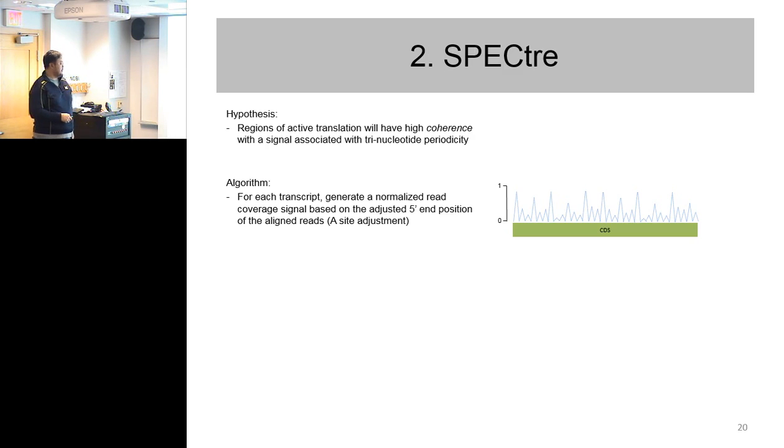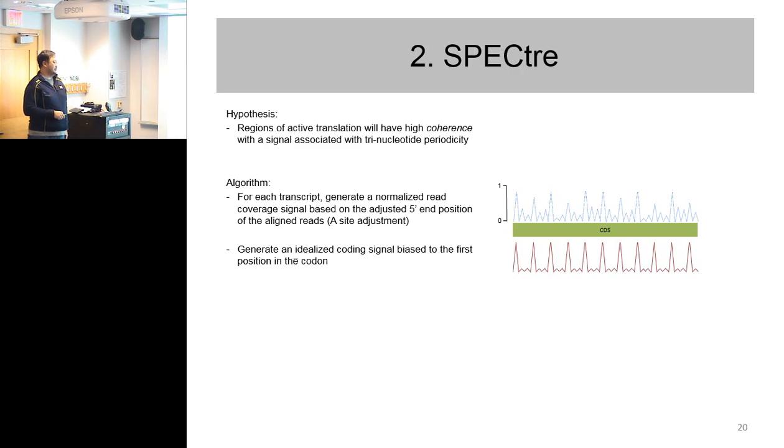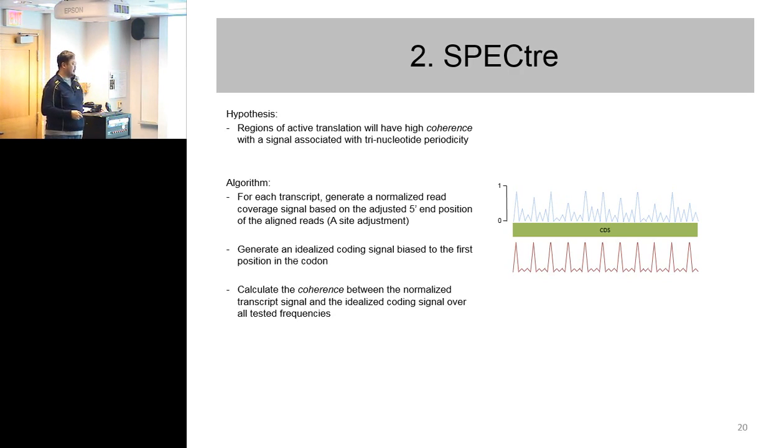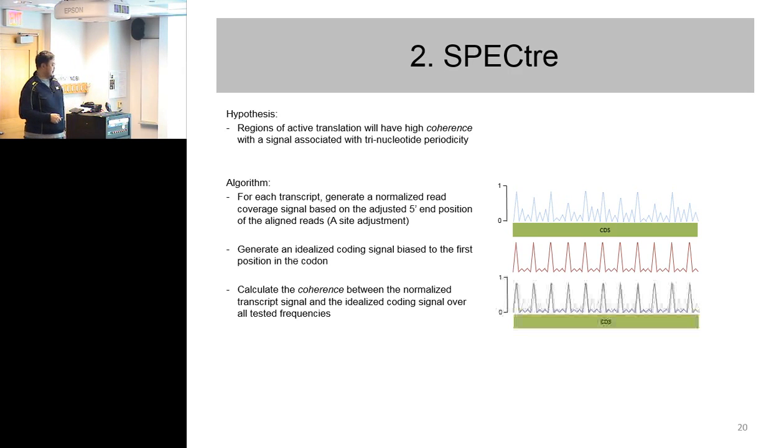So we generate this normalized read coverage signal over the transcript, and in tandem we also generate an idealized coding signal that corresponds to that 3 nucleotide periodicity, like so. We then calculate the coherence between this normalized signal and the reference signal here.